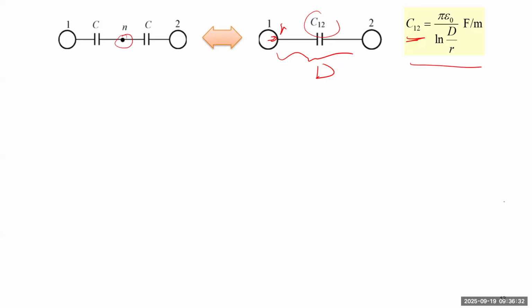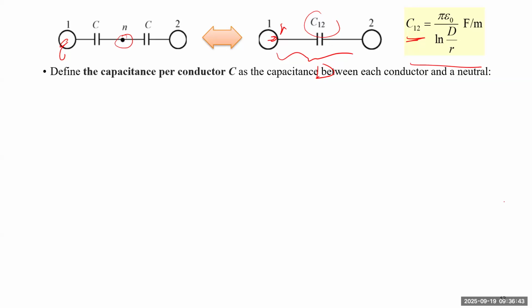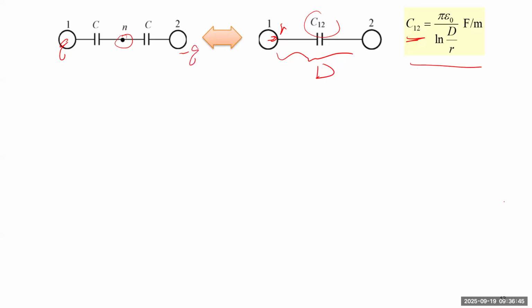The neutral point is just at the middle of the connection between the two conductors. So if one conductor carries charge Q, the other is negative Q. We know this point will be equivalent to the ground because it will have zero potential, right? Because positive charge and negative charge, if they're symmetric in this layout, the middle point will be the ground.